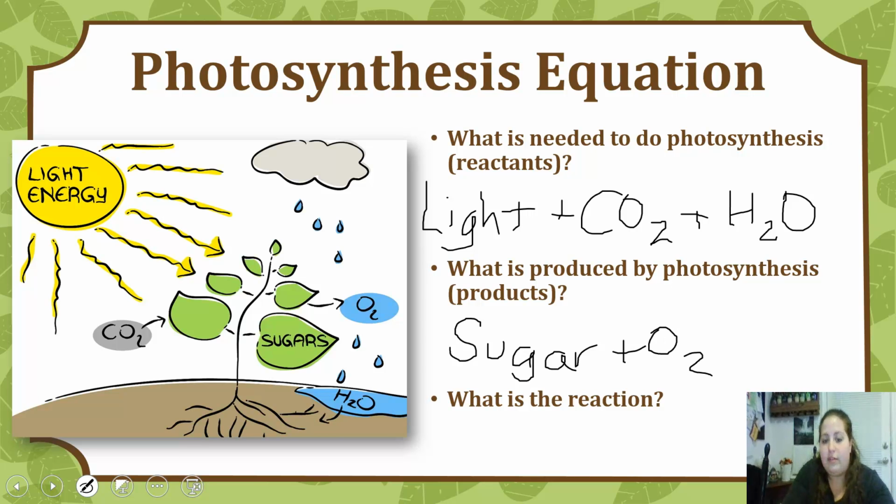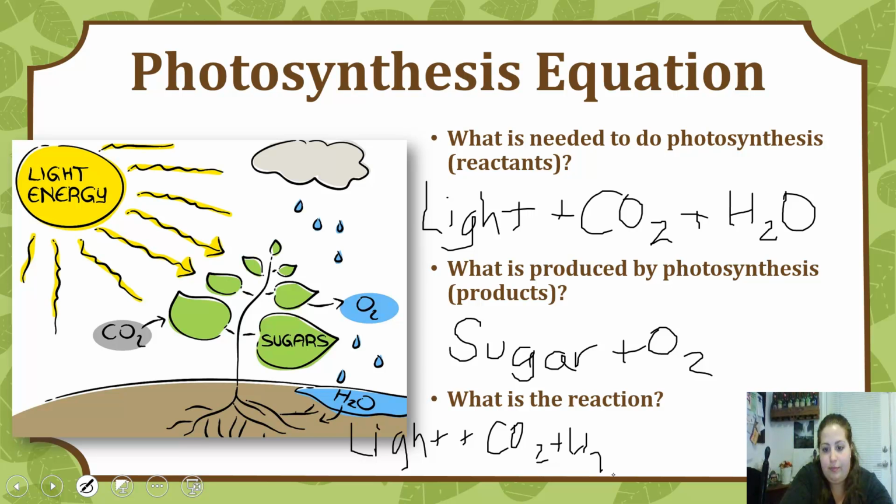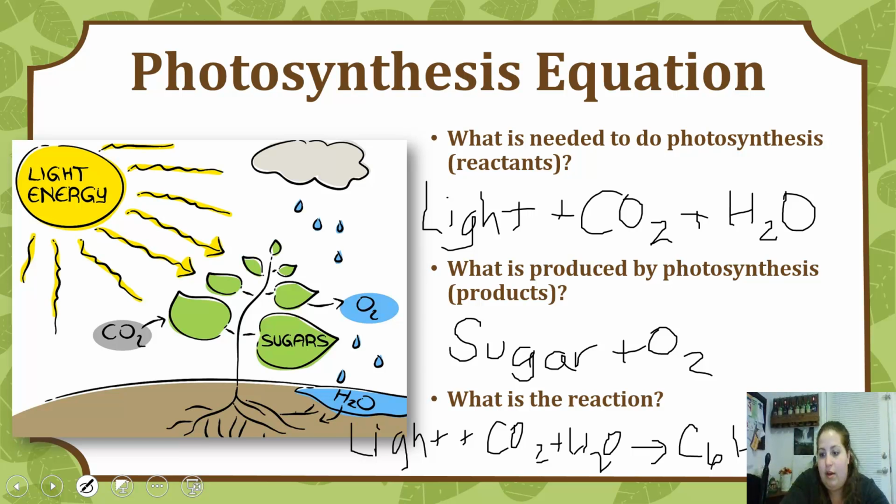So if we put all of this together, what is our reaction? We have light plus CO2 plus H2O gives us glucose, which is C6H12O6 plus oxygen, O2. There it is. So light plus CO2 plus H2O gives us C6H12O6 plus O2.